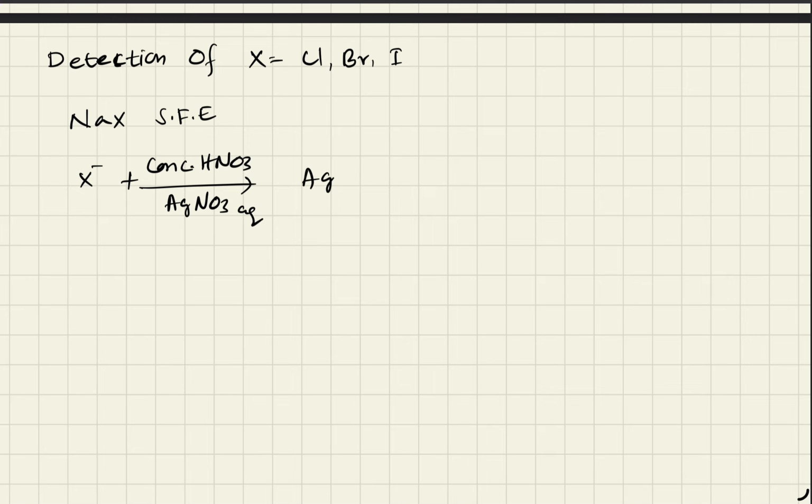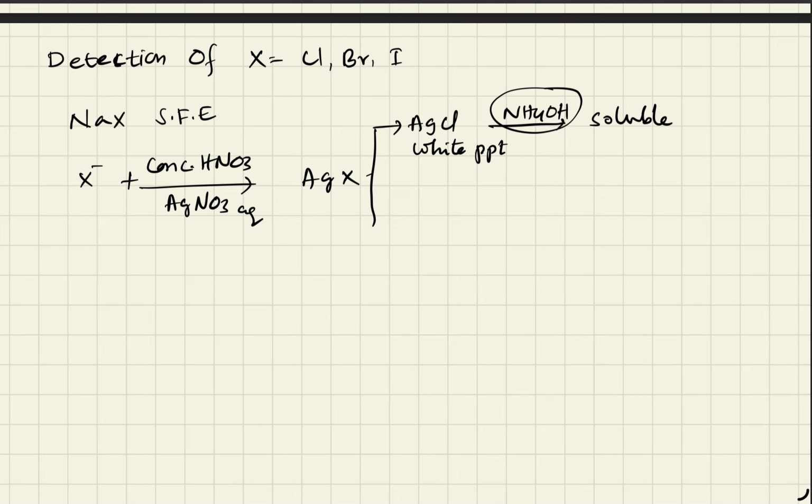Then it forms AgX. It may be AgCl, which is a white precipitate. Then add ammonium hydroxide: AgCl is soluble in NH4OH.